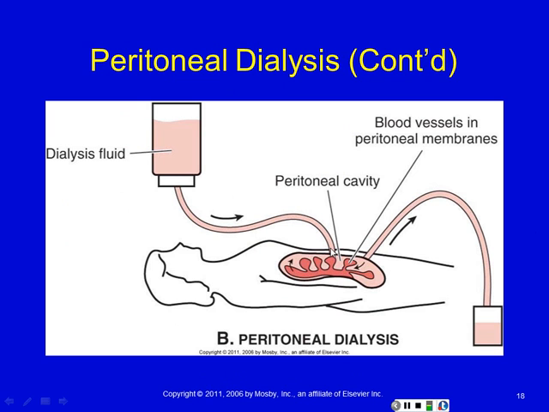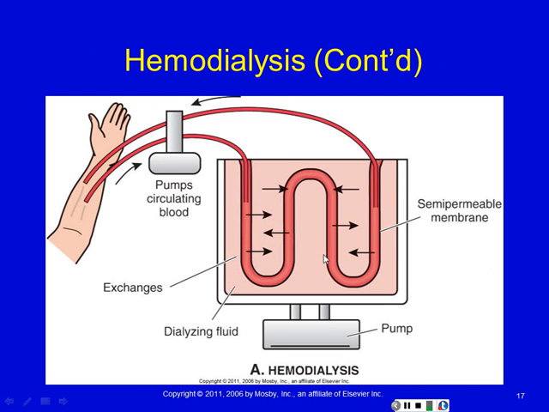So the peritoneal cavity, which is where your GI tract is, is a good potential space. In other words, normally there's not very much fluid in there, but we can put fluid in there and we can take fluid out. So in peritoneal dialysis, we put dialysis fluid in the peritoneum, and because there are lots of capillaries and blood vessels supplying the GI tract, essentially this very same thing happens.